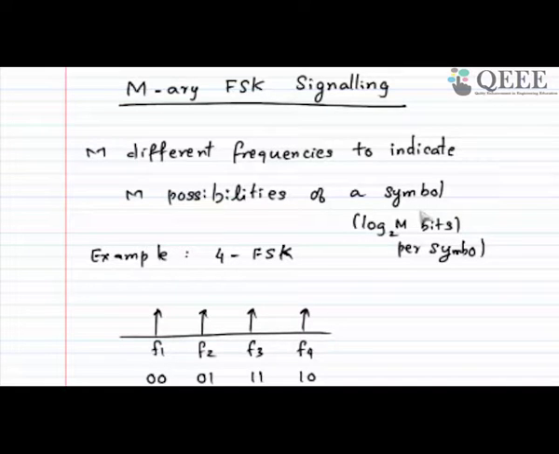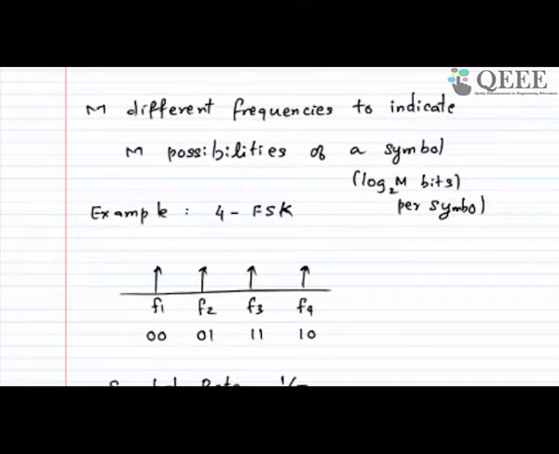Just like linear modulation, you have a constellation of size M. You have a 16-QAM constellation where the size is 16, and QPSK with size 4. Similarly, for nonlinear modulation you also have a constellation of size M. There are M points in your constellation, and each point is now represented using a unique frequency.